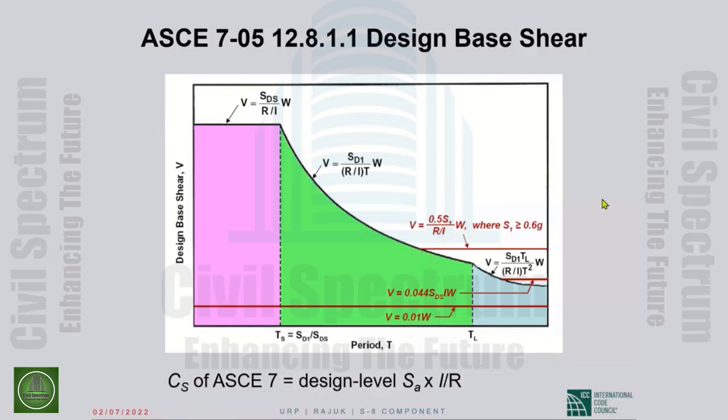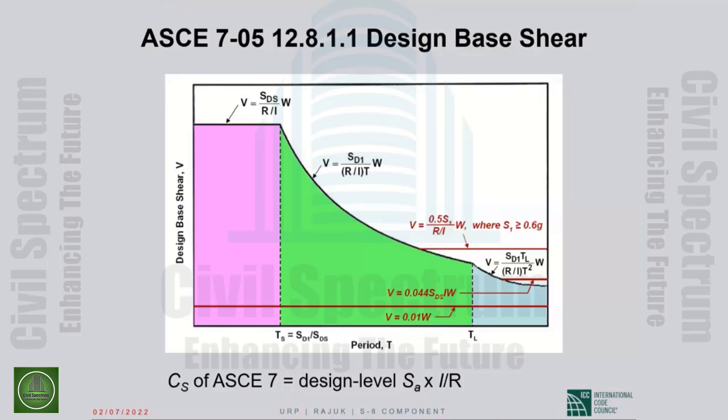The modification number 4 is the descending branch, or this third branch, 1 over T or 1 over T squared, will give us 0 base shear at a long enough period.